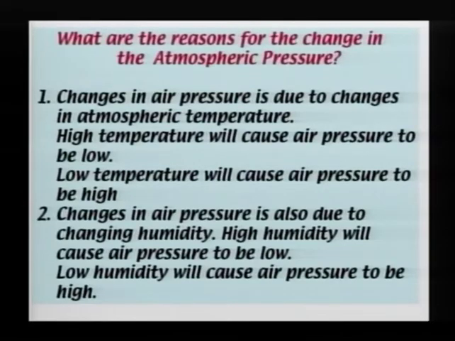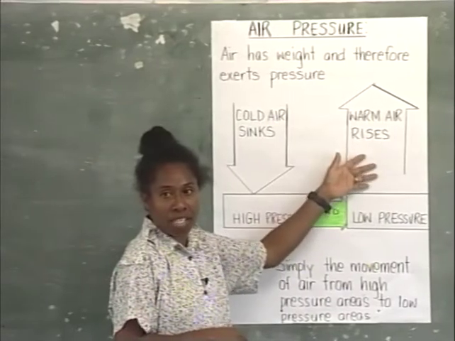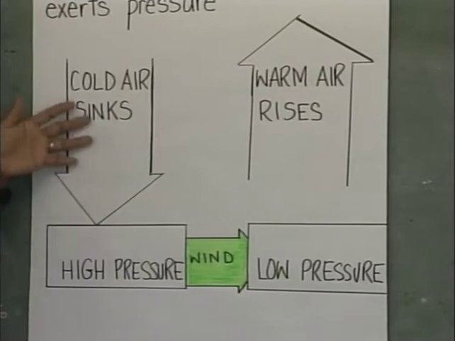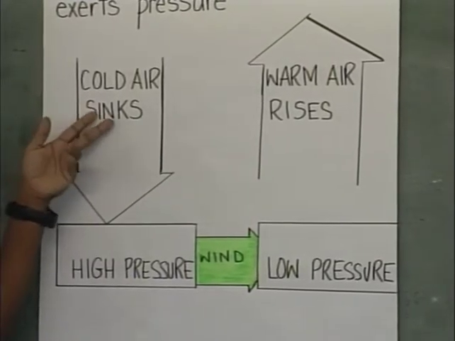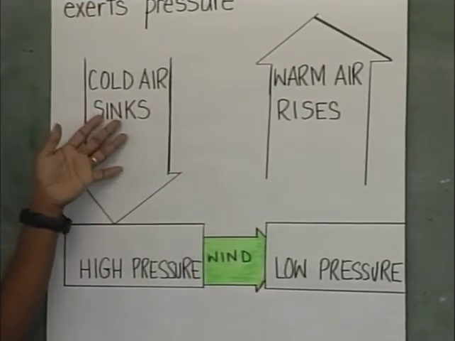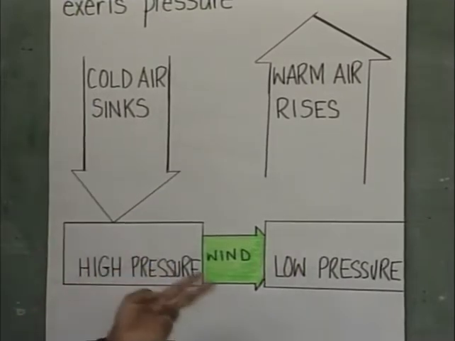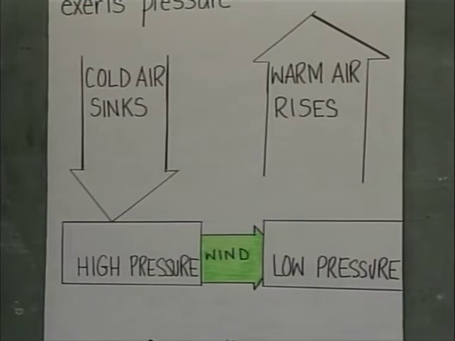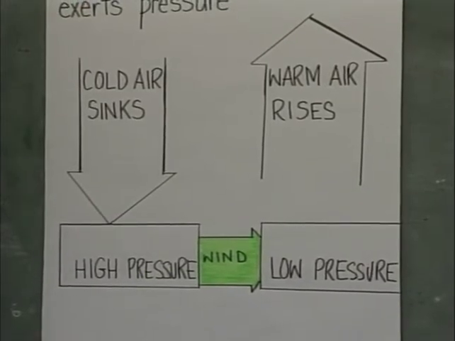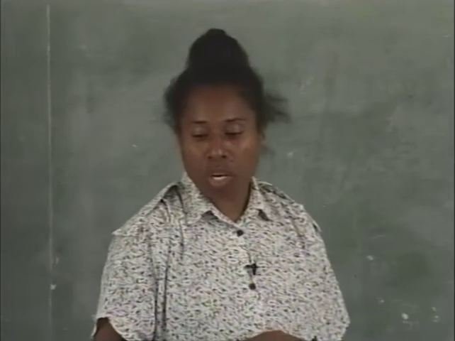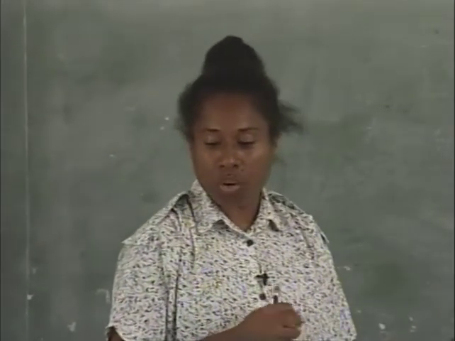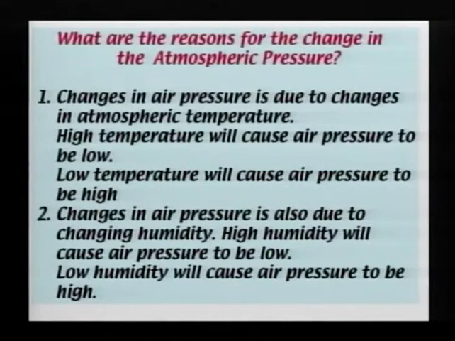So if it is warm air, what type of temperature are we looking at here? High temperature. If it is cold air, what type of temperature? Low temperature. So when the temperature changes, pressure will also change. High temperatures will cause air pressure to be low, and low temperatures will cause air pressure to be high.